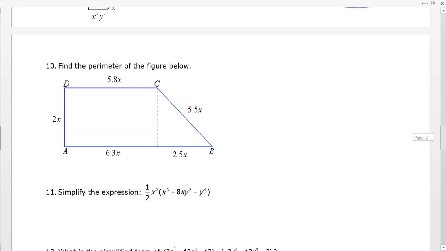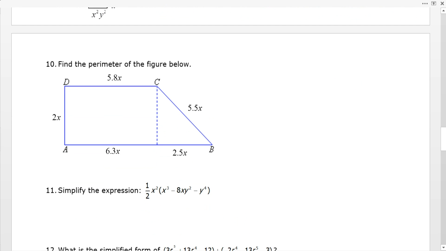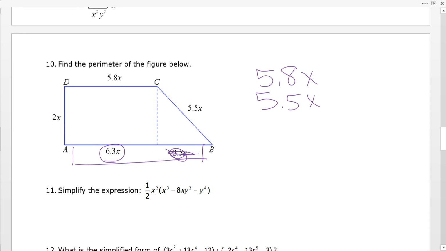Okay, mess up number, I don't know, 64. I did not mean to put this on there because I meant this to be this whole distance. So just pretend like that's not there. And you have all the sides. So basically we're just adding up the sides. So we're adding up 5.8x, 5.5x, 6.3x, and 2x. 1, 2, 3, 4 sides.